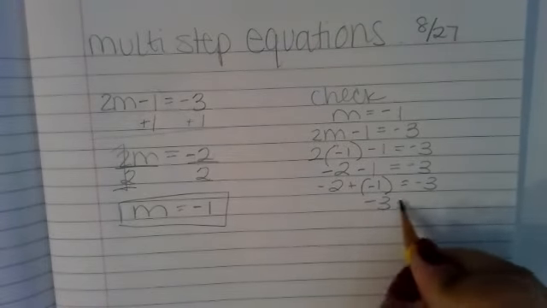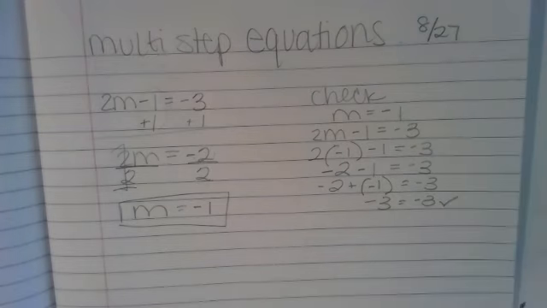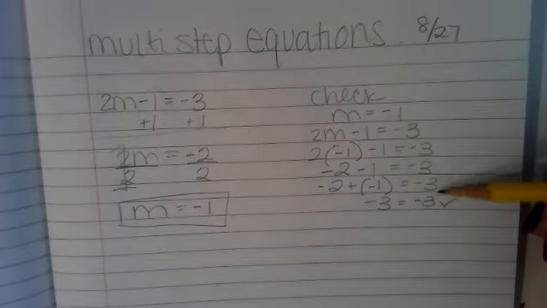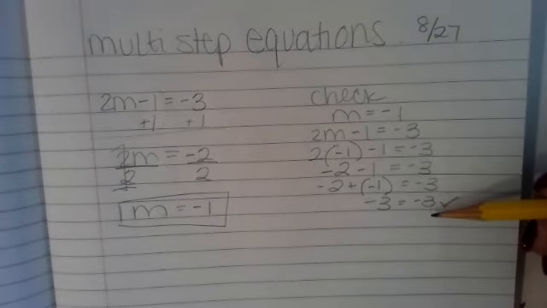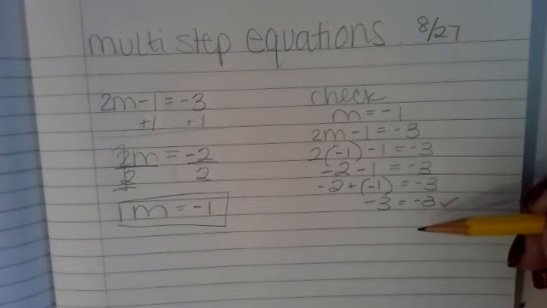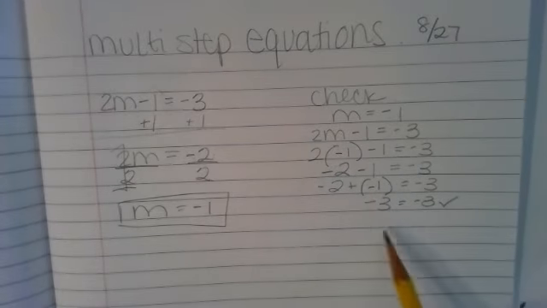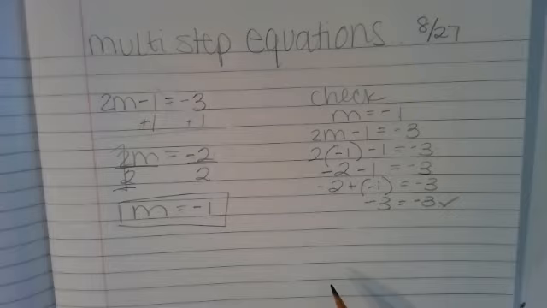And -3 equals -3, so there you have it. You'll notice that on my one side here, I didn't change anything, right? I'm only manipulating this side. And at the end, I should have two things that are equal to one another. So that is one example.